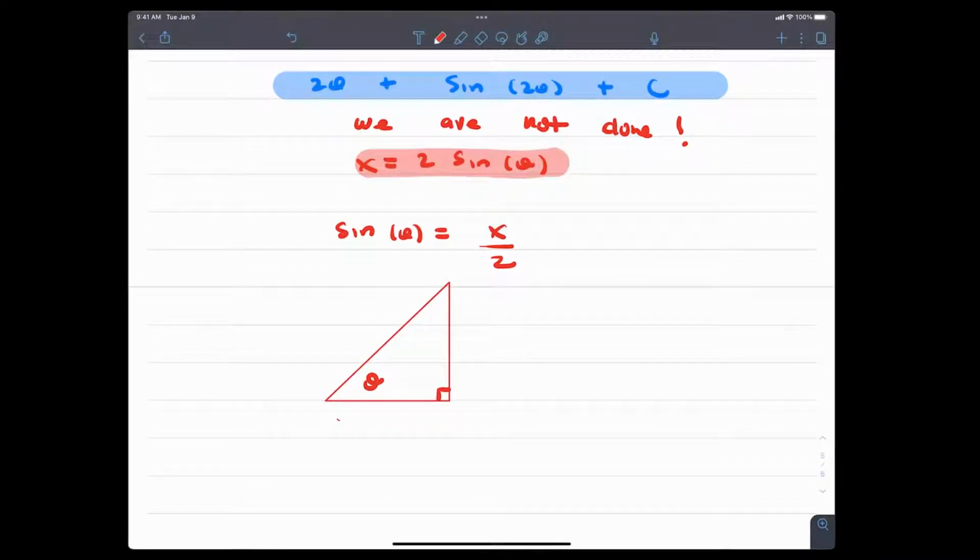And definition of sine, isn't that opposite? So this is x over hypotenuse 2. Pythagorean theorem will say this will be the square root of 4 minus x squared. You're always going to get that radical there. So yeah, ladies and gentlemen, there you go. Here's some knowledge. Now, we got to be careful though.